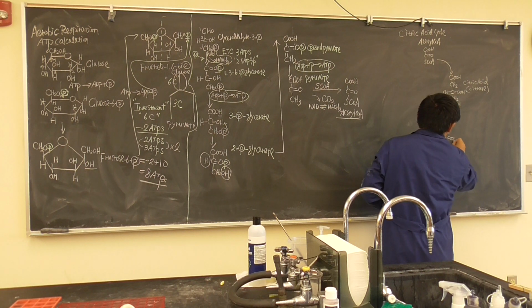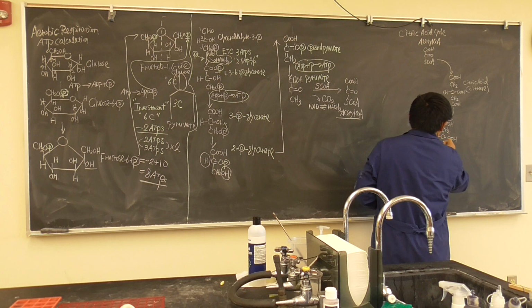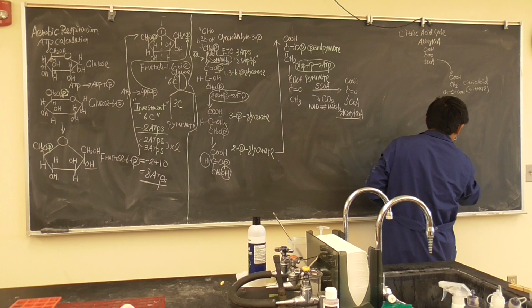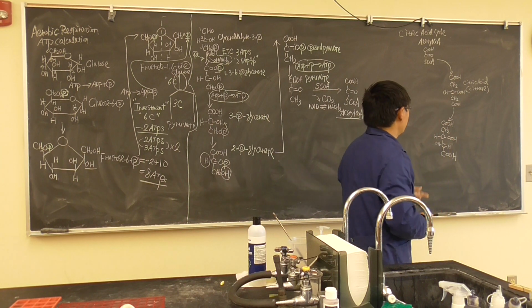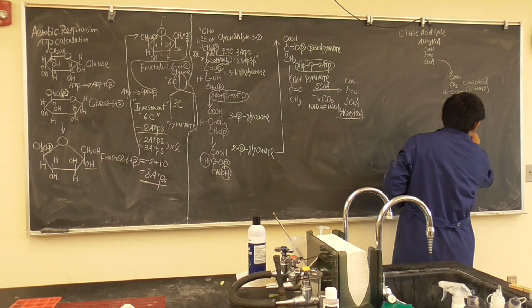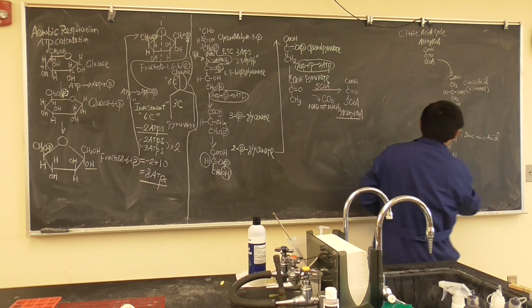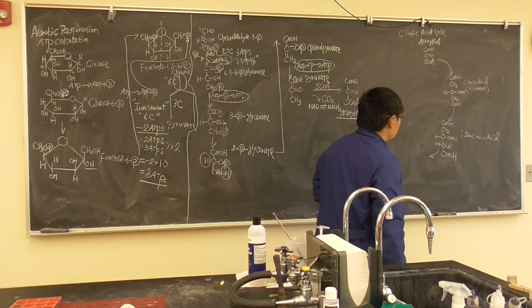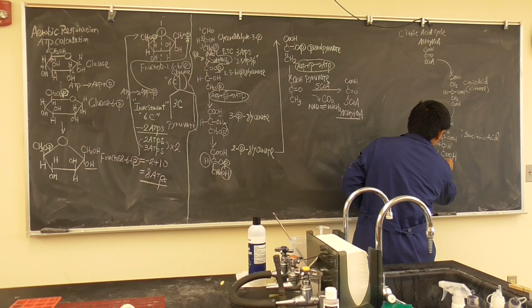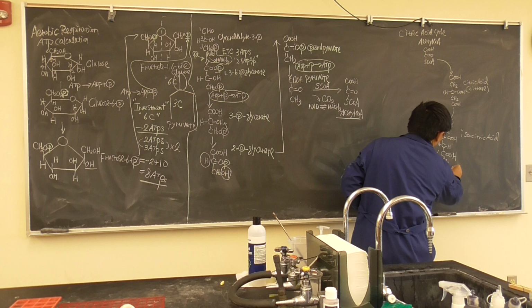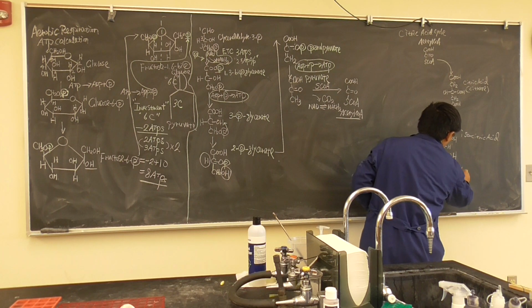So COOH. What is this, H goes here, then OH goes here, then H, then COOH. Okay, this is isocitric acid. Now, isocitric acid, we're going to go through a chemical step where you lose CO2 and NAD is reduced to NADH2.